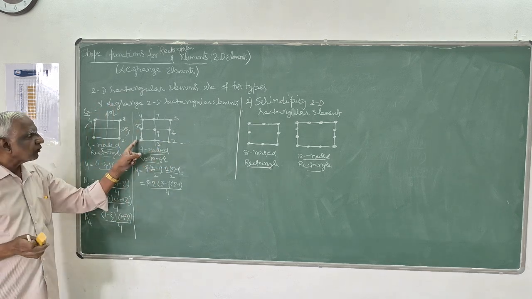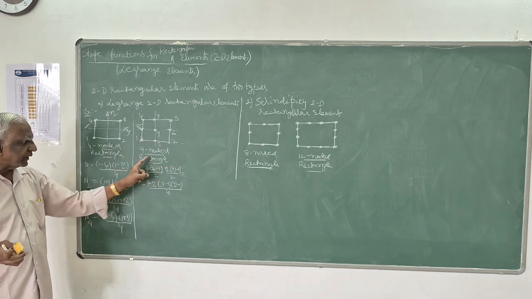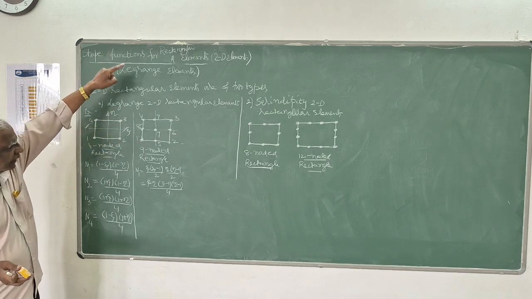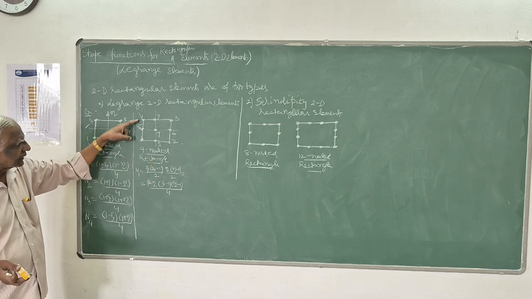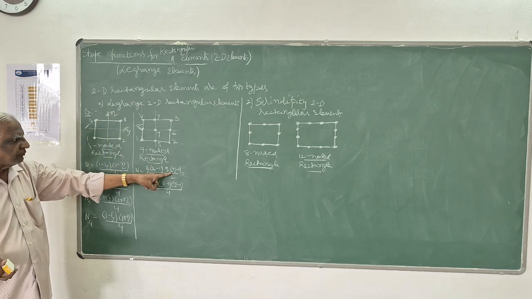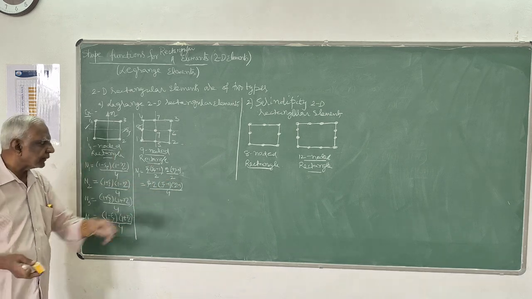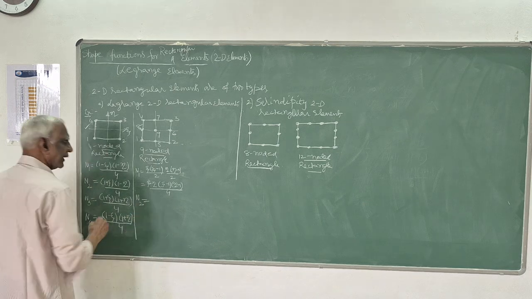For 1, 2 the shape function is psi into (psi minus 1) by 2. For 1, 4, which is along the eta direction, again with 3 nodes in the element, the shape function is eta into (eta minus 1) by 2. The product of these is N1.